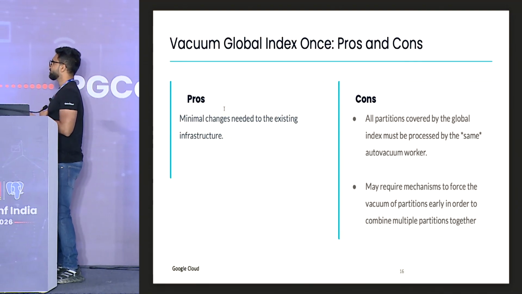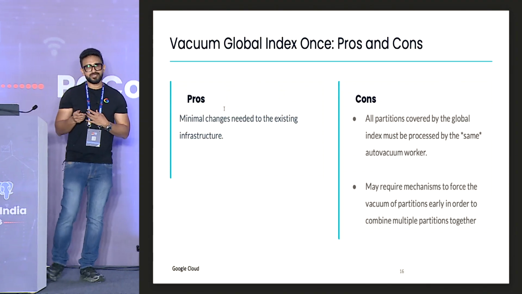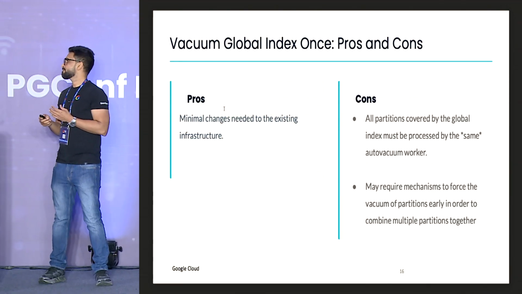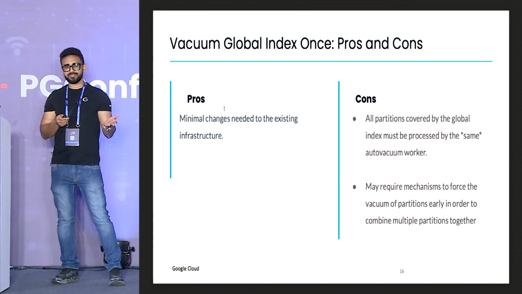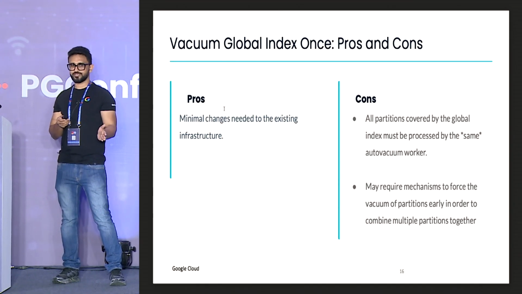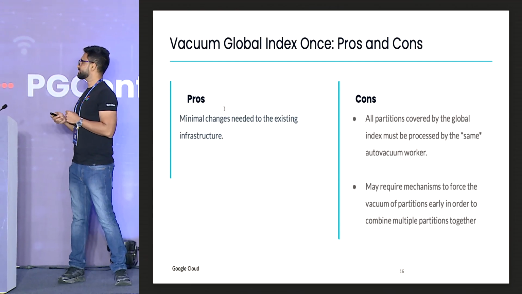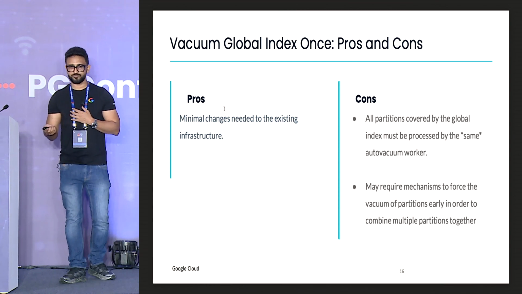And another problem is that in a very extreme or synthetic case, assume you have 100 partitions, and at any time only one partition is getting ready for vacuum. So one partition is ready, you vacuum it, you collect the dead TIDs, and you have to vacuum the global index because no other partition is ready for vacuum, right?